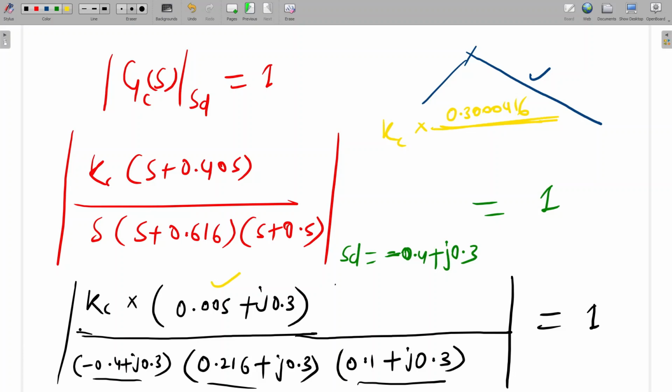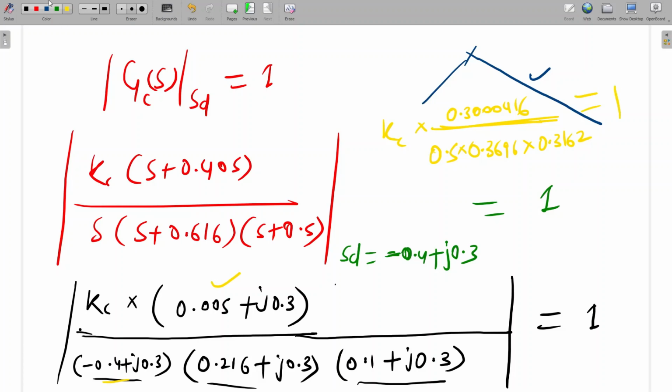What will be this value? 0.216 square plus 0.3 square. How much? 0.3696. Into again 0.1 square plus 0.3 square. How much? 0.3162. This is our magnitude. This should be equal to 1.